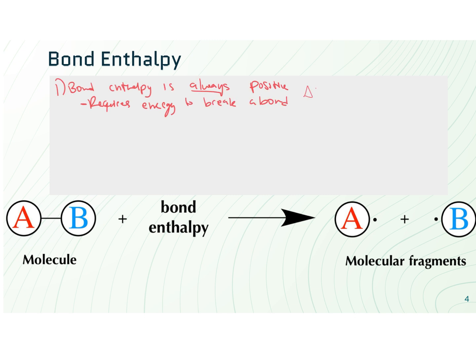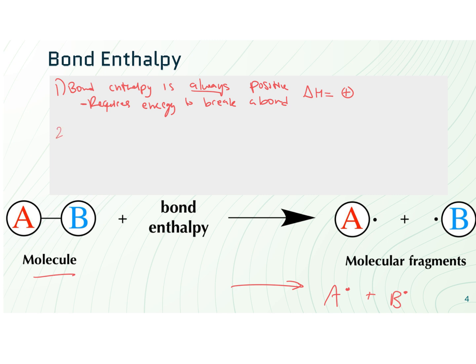And so delta H will always be positive in this case when we're thinking of bond enthalpies. And so this reaction right here of molecule AB going to A dot, or just the molecular fragment, and B dot. So just breaking that bond in half. We're not talking about ionizing. We're talking about just breaking the bond directly in half and each of those electrons going back to where they started.